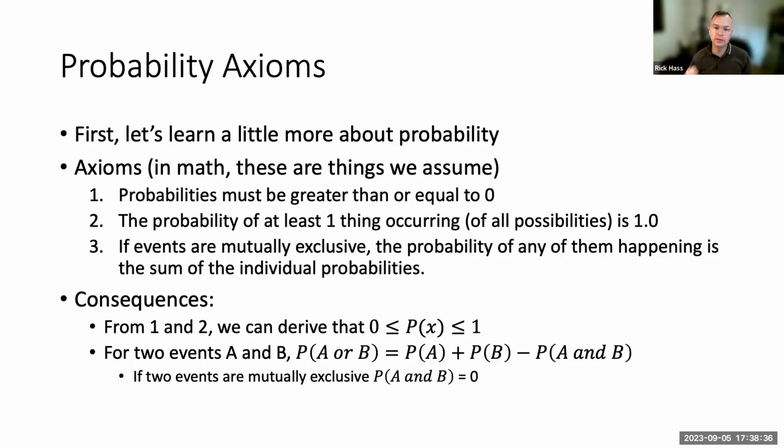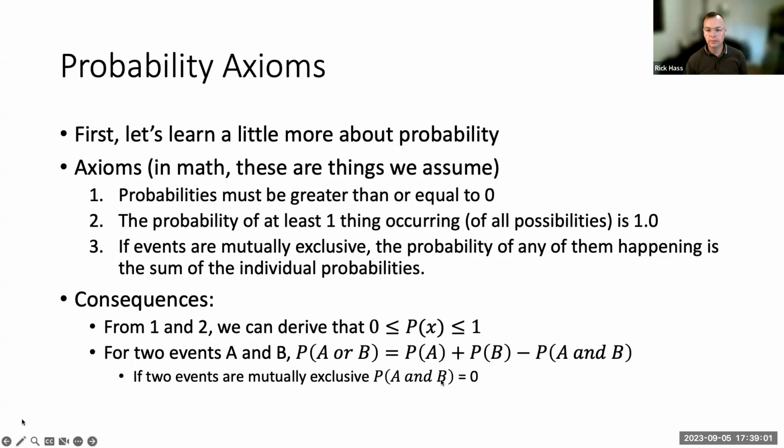Basically, we can then derive in general, without the mutual exclusivity, that if we have two events, A and B, the probability of one or the other happening is simply the probability of the first thing happening plus the second thing happening minus the probability that they happen together.